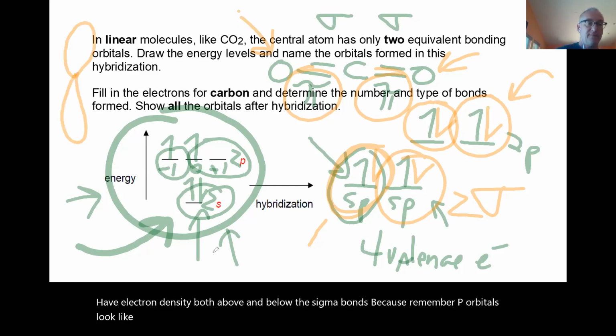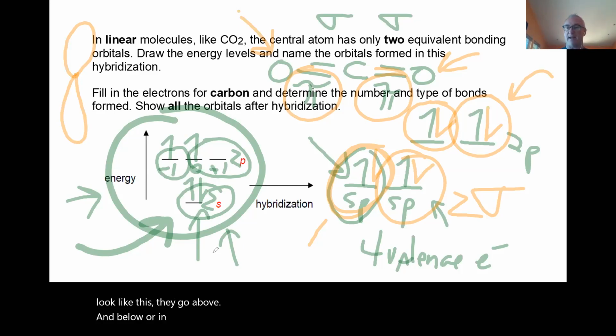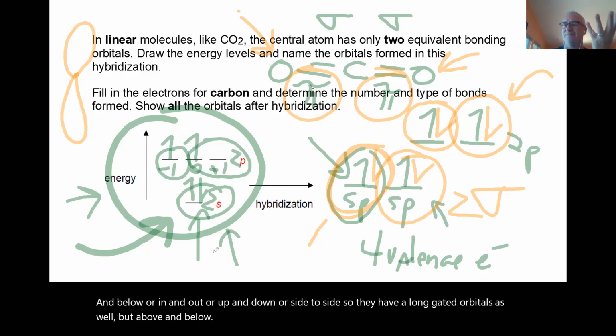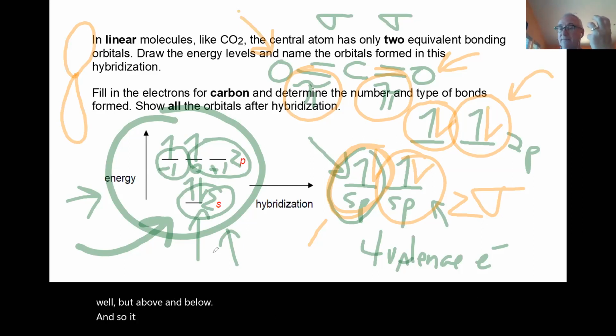They go above and below, or in and out, or up and down, or side to side. So they have elongated orbitals as well, but above and below. And so it is not as direct an overlap. It's sort of like a side to side overlap.